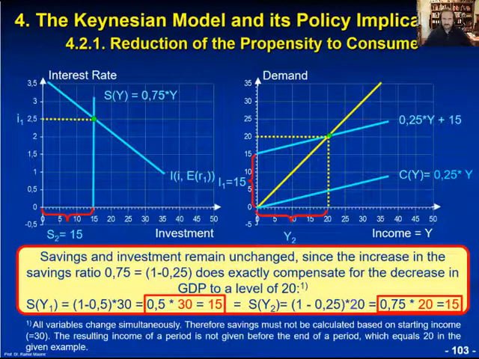This means that savings do not grow despite the higher savings ratio, such that investment can also not grow to compensate for the lower consumption level. So the whole adjustment process ends in a stable equilibrium with a significantly lower GDP level of only 20 instead of 30.